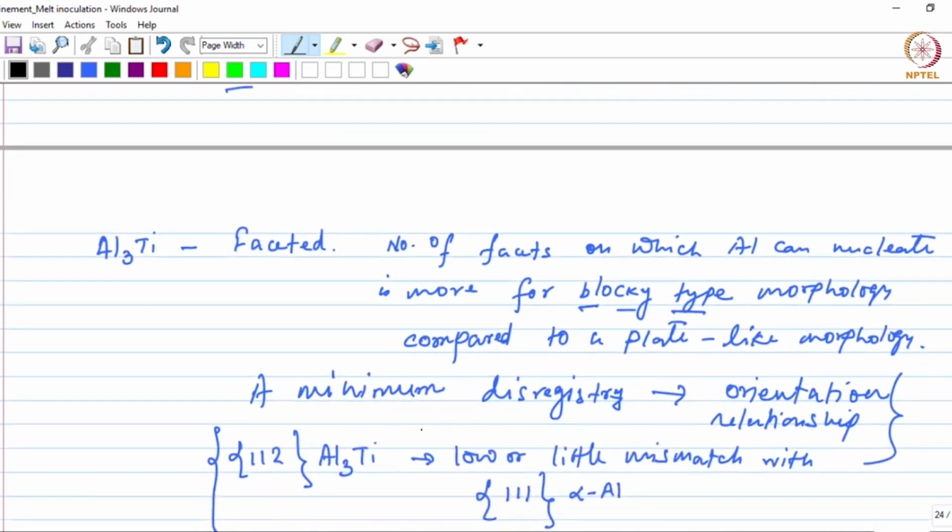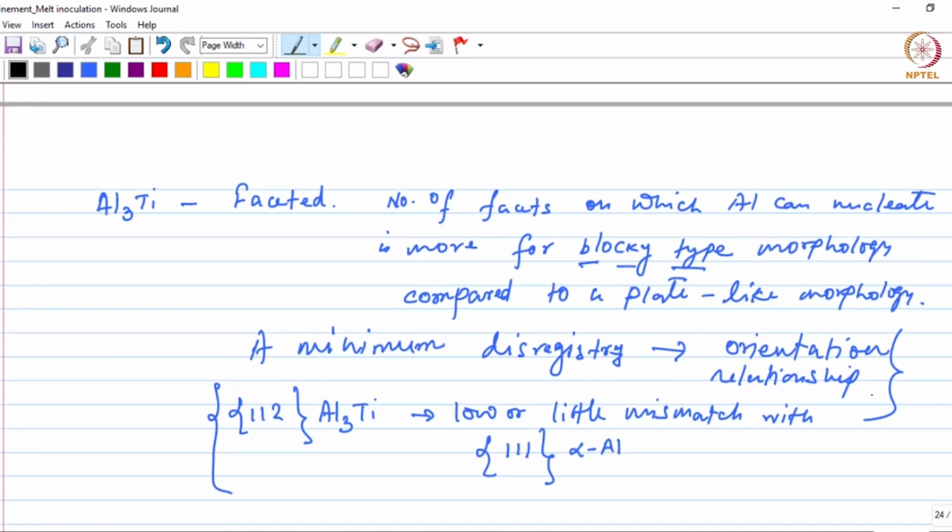Because this kind of faceted particles can provide some planes which have low disregistry or low mismatch with the planes of aluminium, because these planes have some orientation relationship with the aluminium crystals which are forming, and therefore aluminium can easily nucleate on such planes.